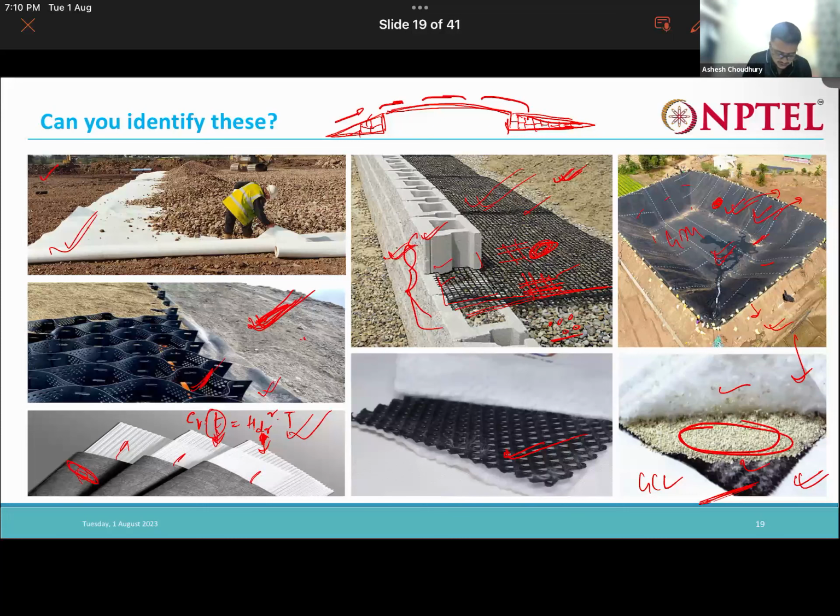So at the site I had visited, at NX 37, a flyover was being constructed, and they were planning to make an approach with a reinforced earth structure.